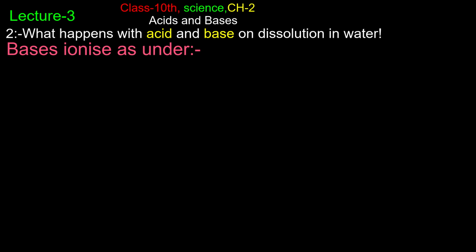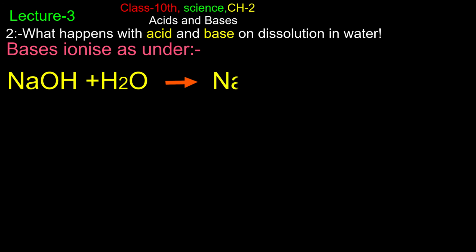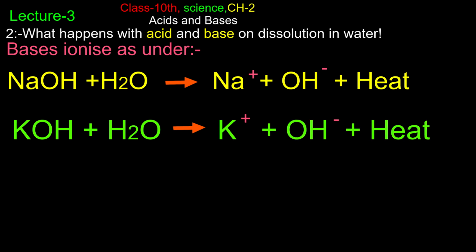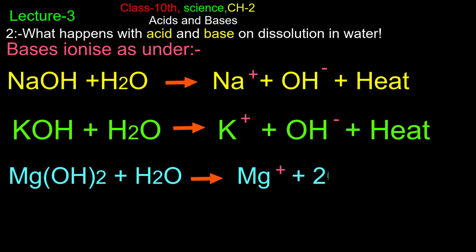Bases ionize as under. We can write NaOH plus H2O produce Na positive and OH negative ions, and second equation can be written as KOH plus H2O produce potassium ions and hydroxide ions, and same is with magnesium hydroxide, Mg(OH)2 plus H2O.